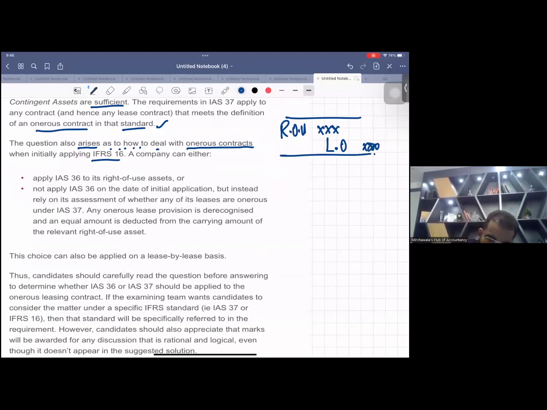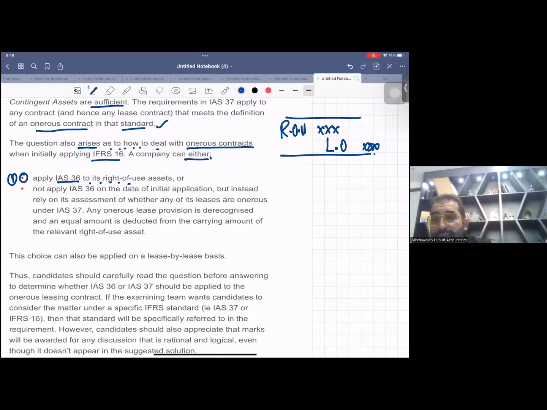The company can first apply IAS 36 to the right of use asset. When the lease has already commenced, you have already booked ROU debit and lease obligation credit, so technically you have accounted for all future cash flows. So no need to do any IAS 37 thing, just do IAS 36.